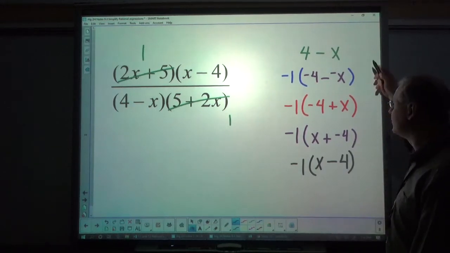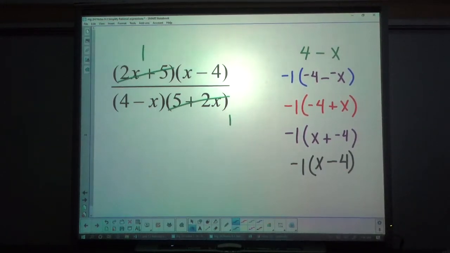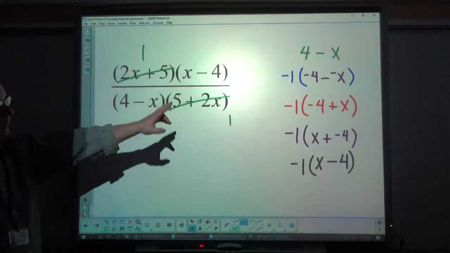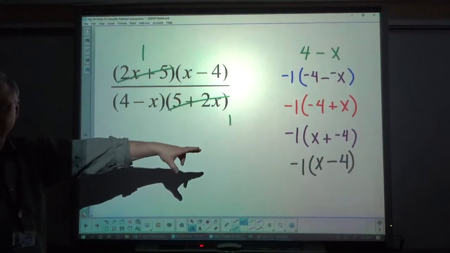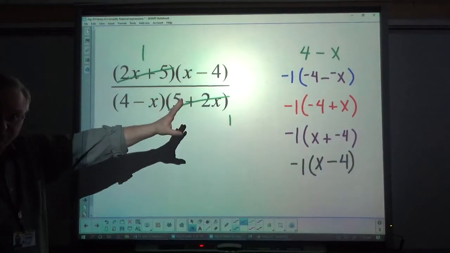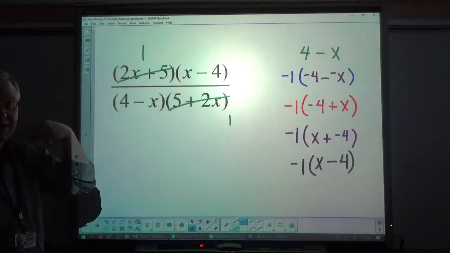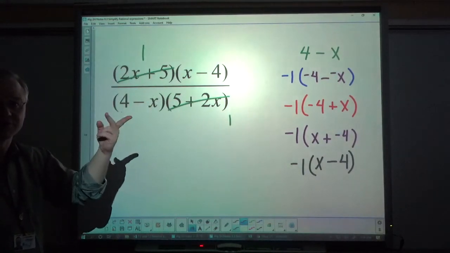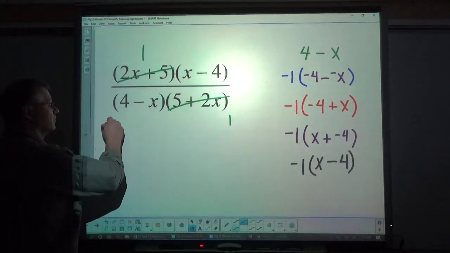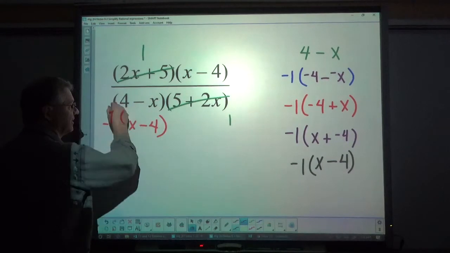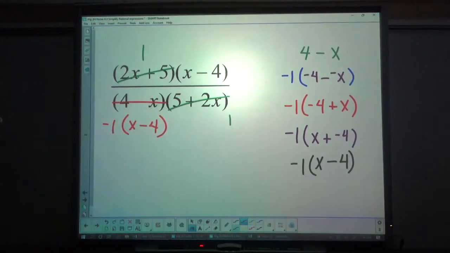Now, will you have to do that step by step procedure? No. What we're going to do instead is say, now that I know that is true, I've kind of proved it to myself, then I can say if I pull out a negative 1, it changes the order of the subtraction. So I'm going to pull out a negative 1 and this becomes x minus 4 instead of 4 minus x.